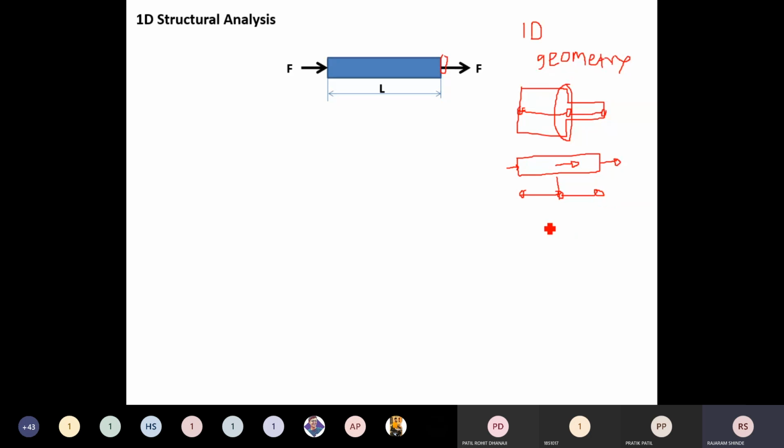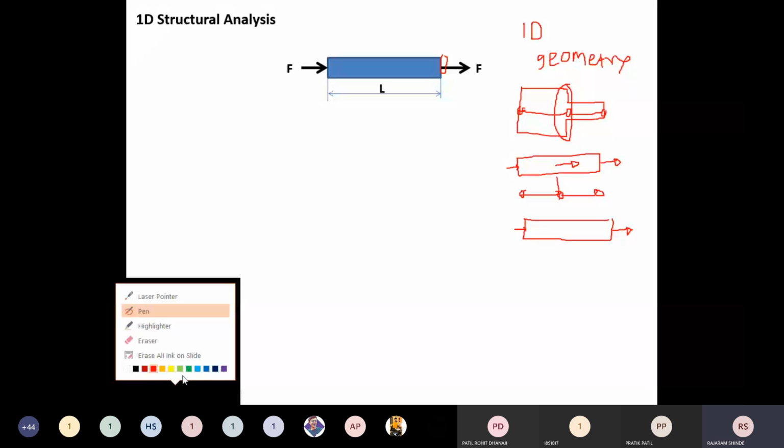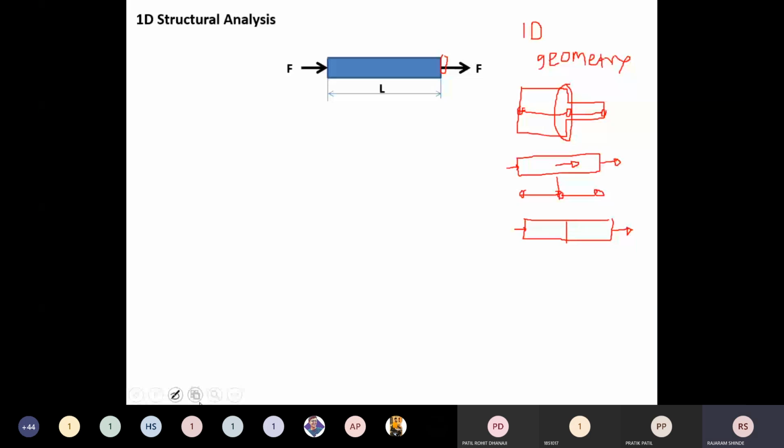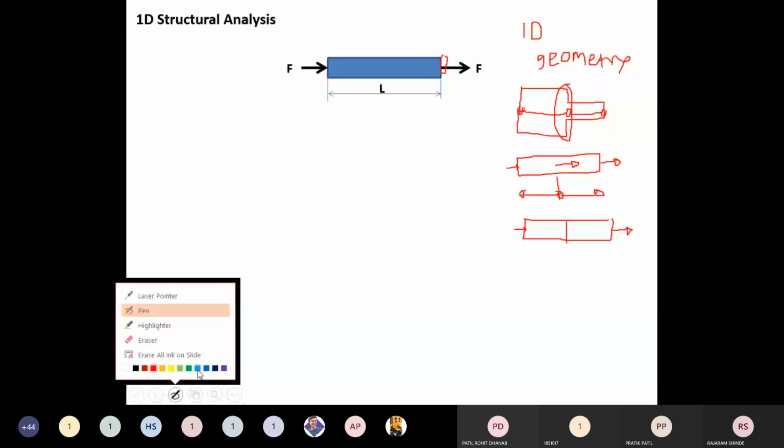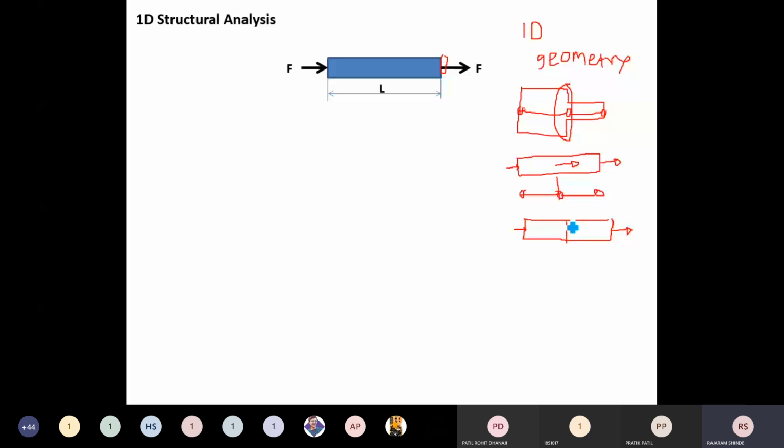Now third case, if your material is different. Suppose geometry is same, uniform, loading is at the ends only, but your material from here to here, that means from the first end to this midpoint or any intermediate section, is different, that is your M1, and this material is different, suppose it is M2.